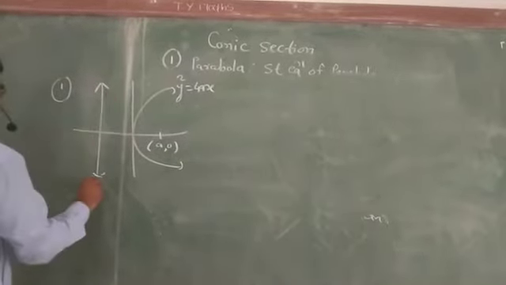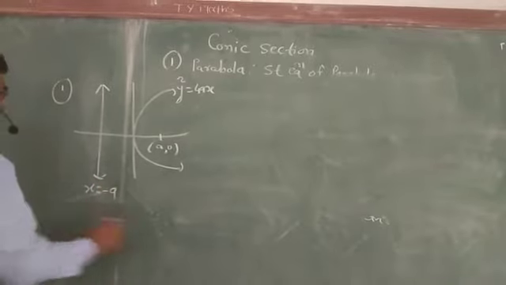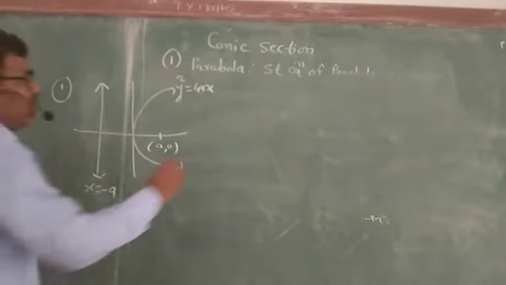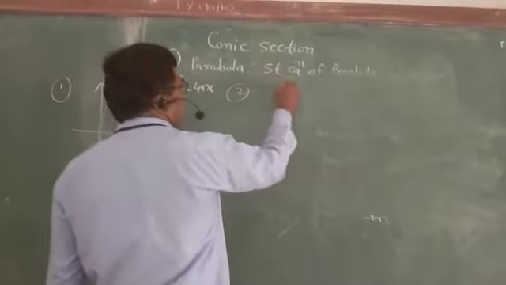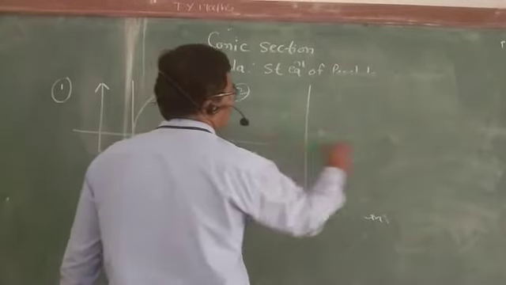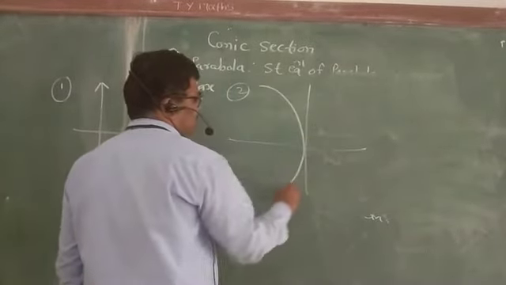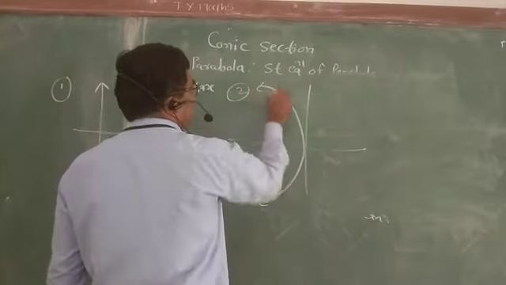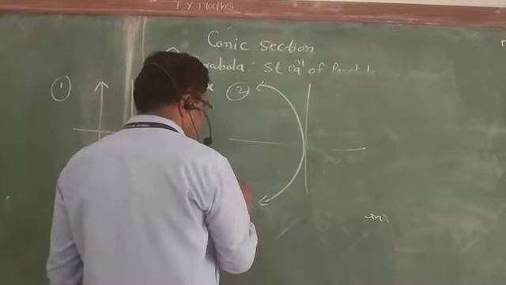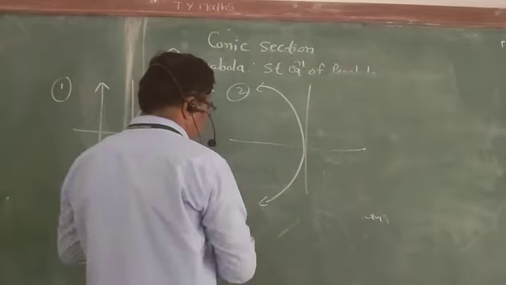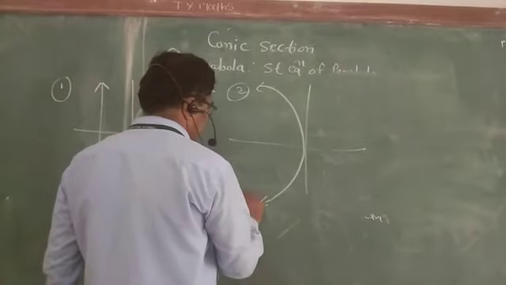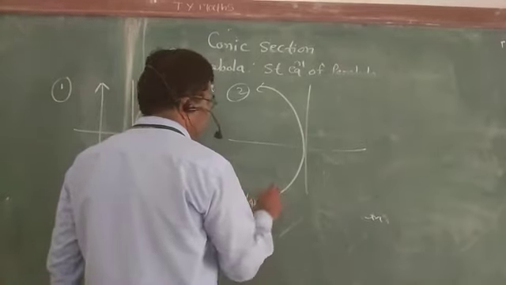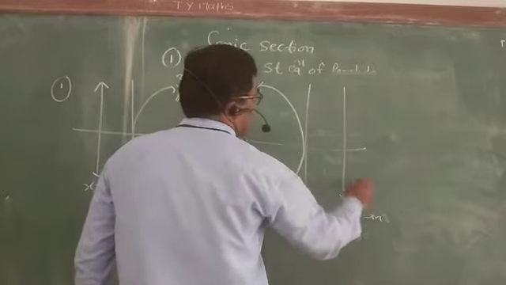Directrix x equal to minus A. Now second parabola, opposite, that is y square equal to minus 4ax.